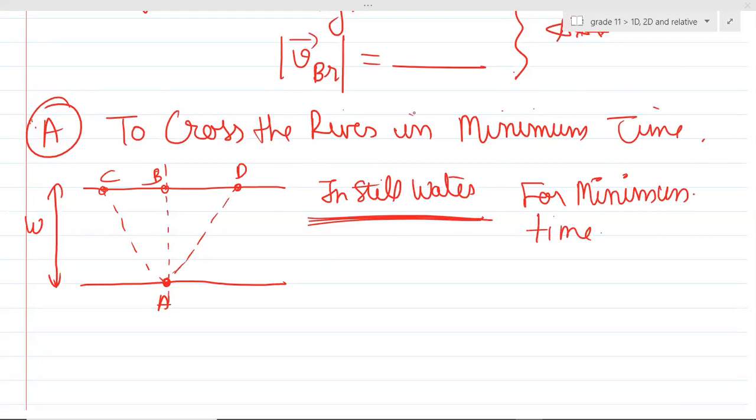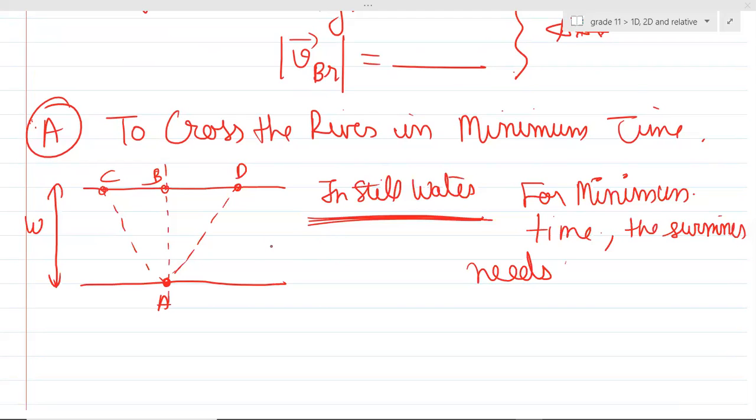Yes, absolutely correct. So always remember, if I want to cross the river in minimum time, then the swimmer needs to travel perpendicular to the river bank. It will depend on the stream, yes, but how will he be moving with respect to still water?